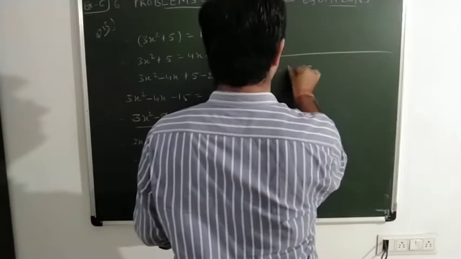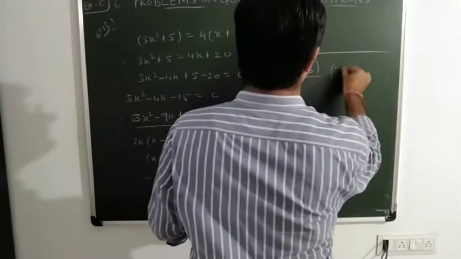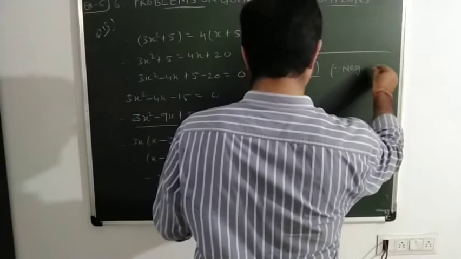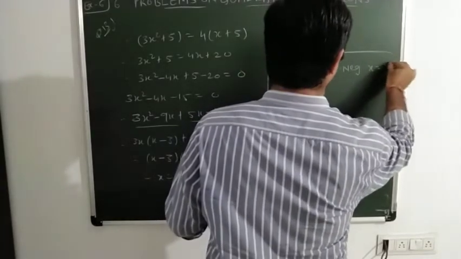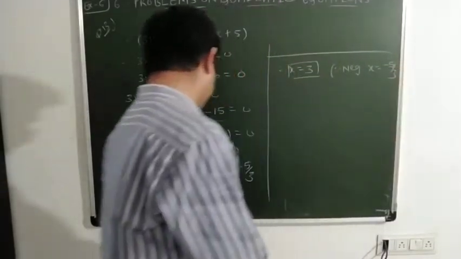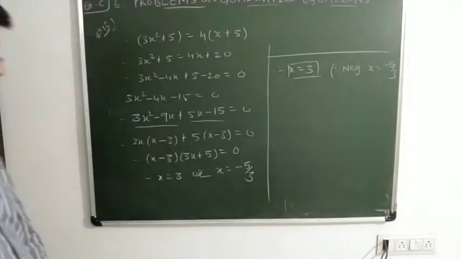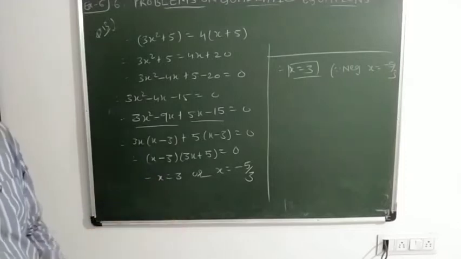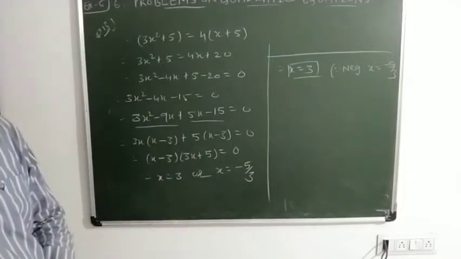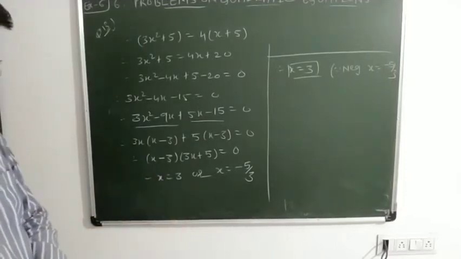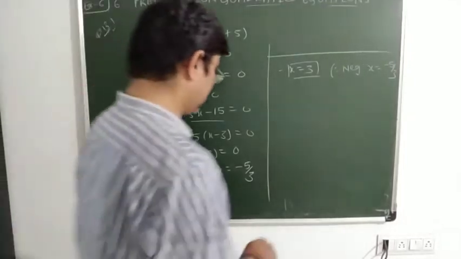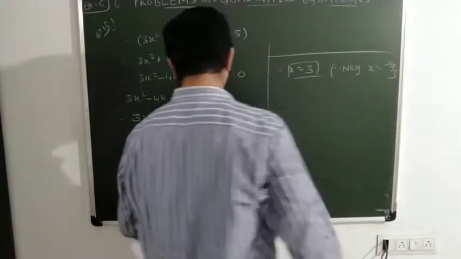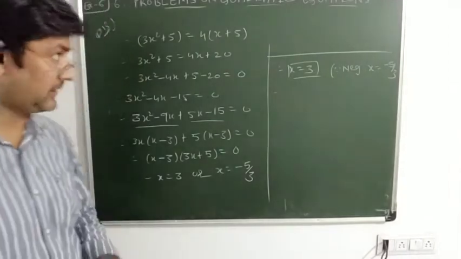Therefore x is equal to 3, neglecting x is equal to minus 5 by 3. So we got the value of x. The x is the son's age 2 years ago, and we have to find the present age. We have the expression for the present ages.